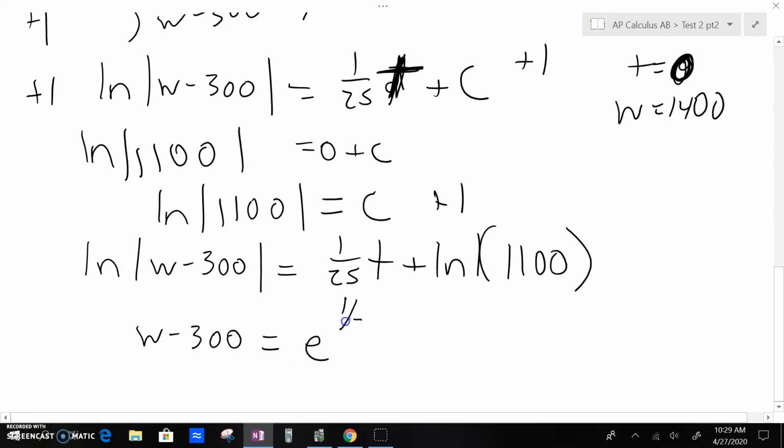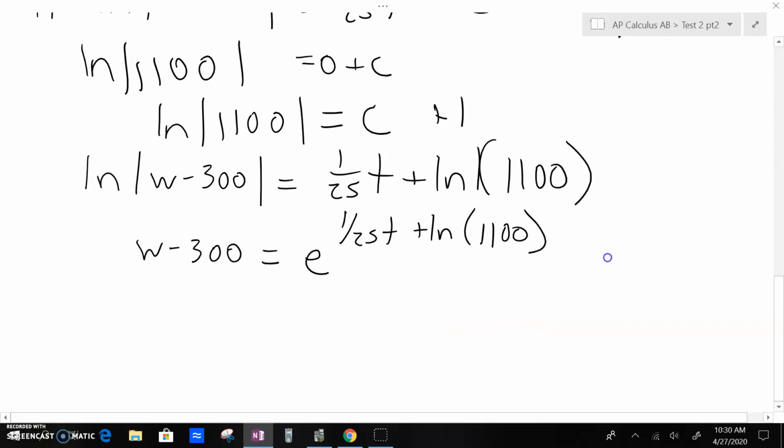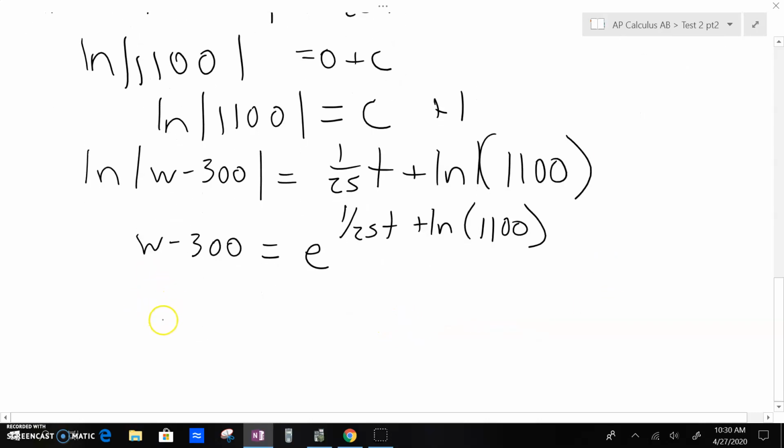So I'm going to e both sides. So it's e to the 1/25th t plus ln of 1100. I'm going to wait just for a moment on adding the 300 over, because if I have e to two different powers, I can write that as multiplication.